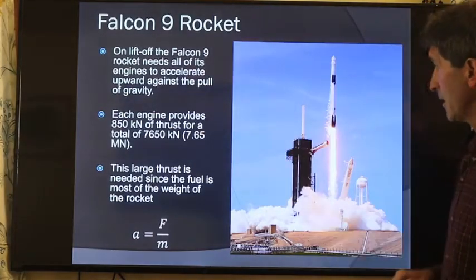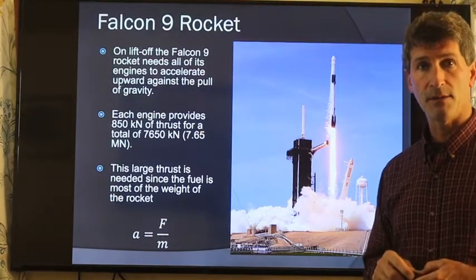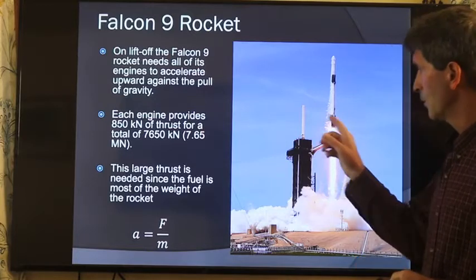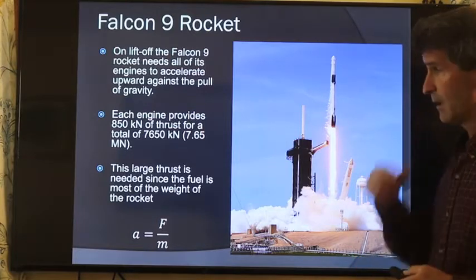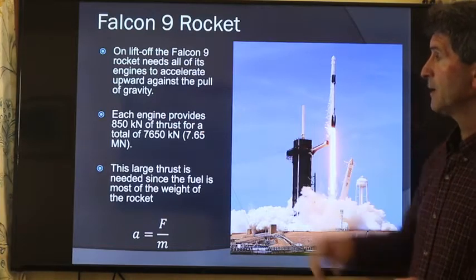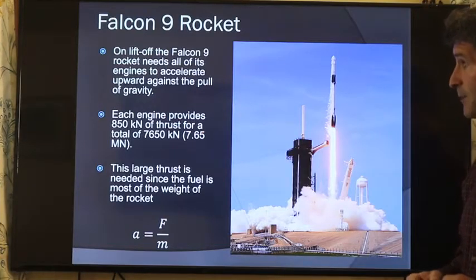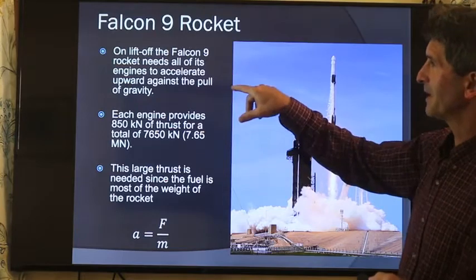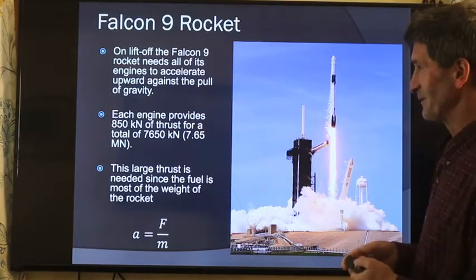Here's the Falcon 9 rocket. It has its own heavy configuration too, where they put 2 side Falcon 9s on the center booster. Here, each engine provides 850 kilonewtons of thrust. How many? Falcon 9, I think it has 9 engines. Maybe that's why they call it the Falcon 9.